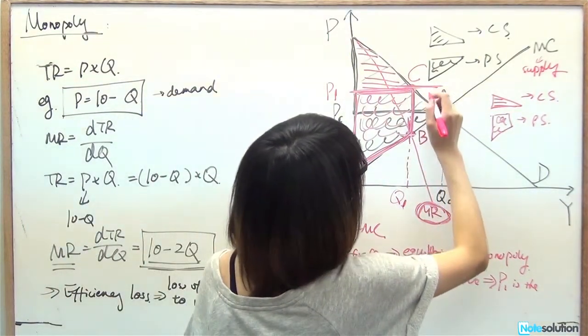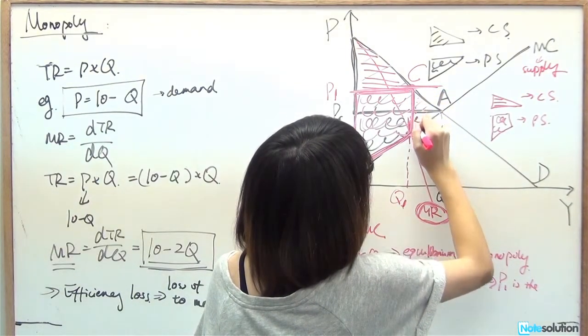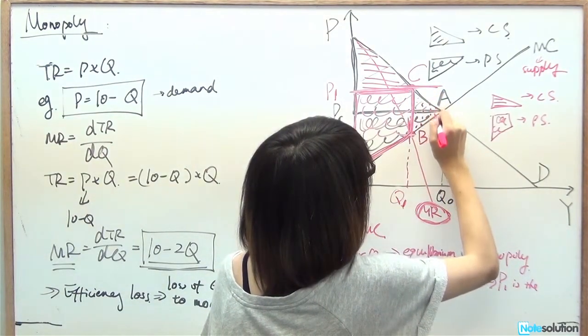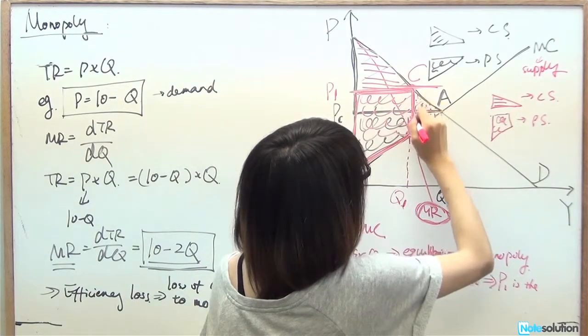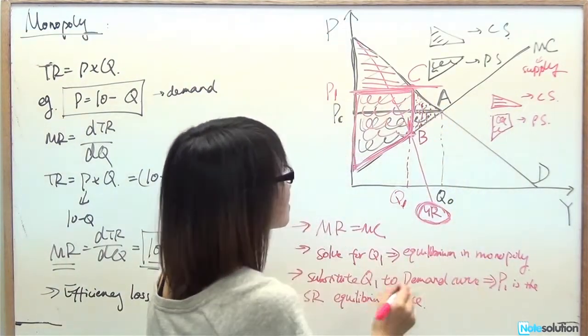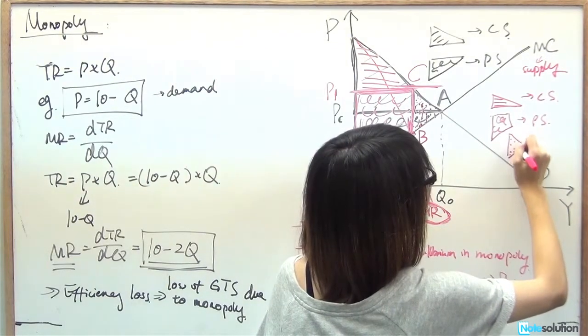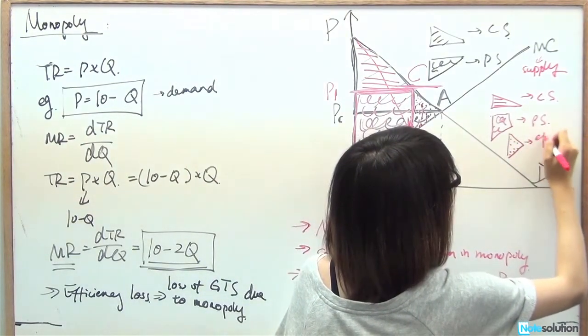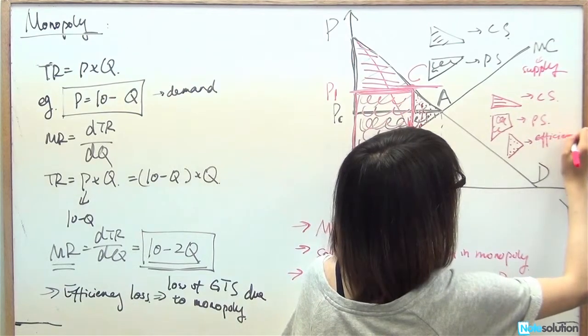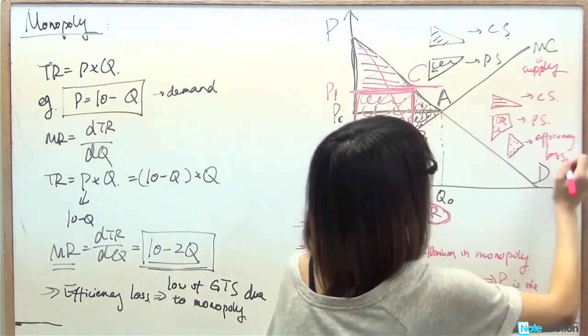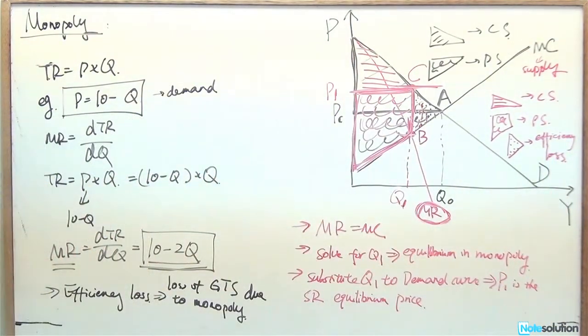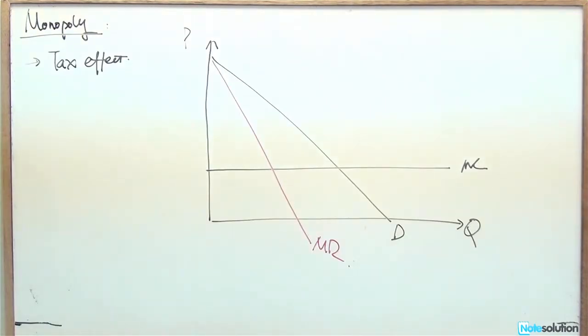The little triangle here with all the pink dots, nobody got it. So the triangle with all the pink dots will be our efficiency loss due to monopoly.